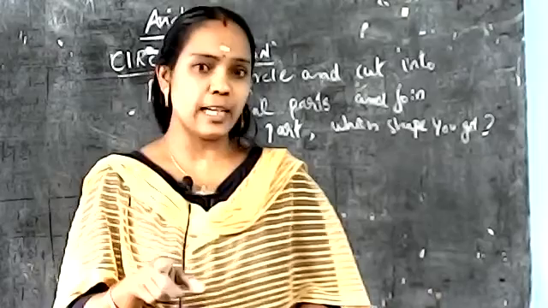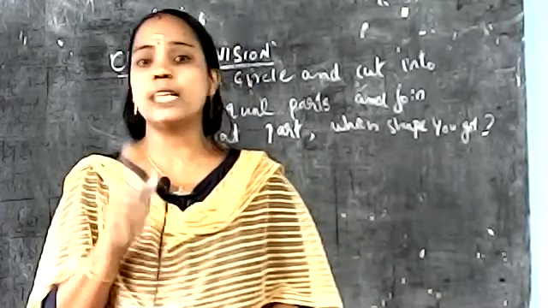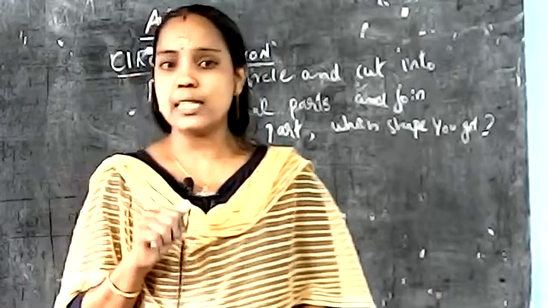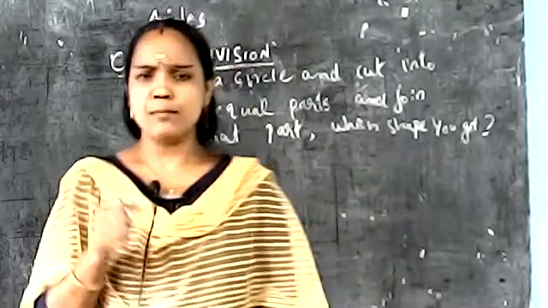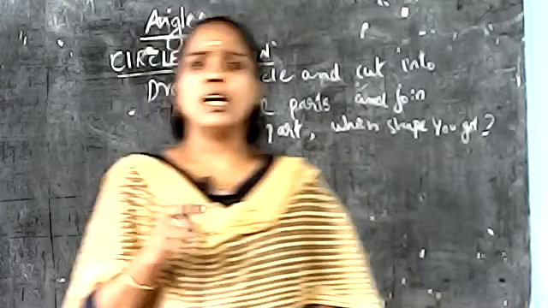Opposite angles are equal. The sum of the angles is 360 degrees. Okay, that is the previous class homework. Some students are done, and somebody had a doubt. That's why I explained it now.